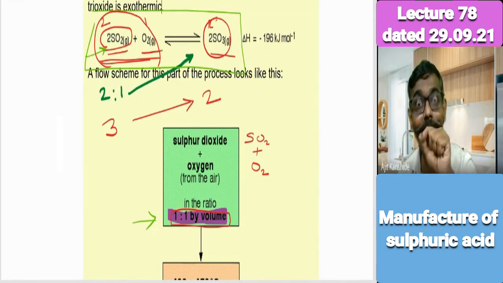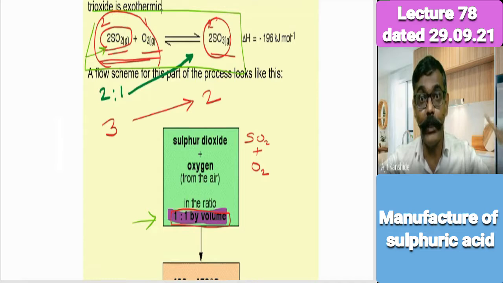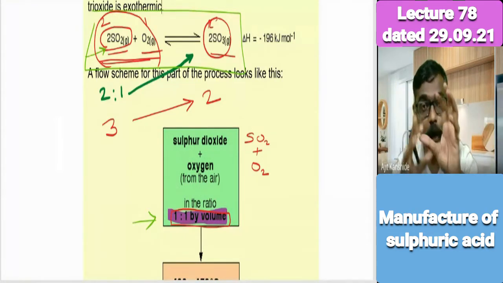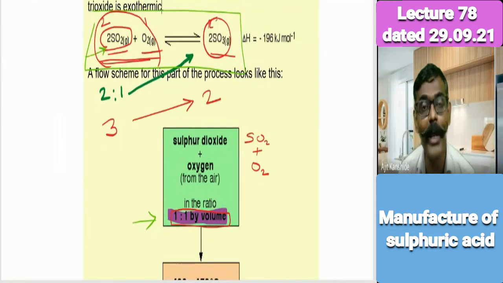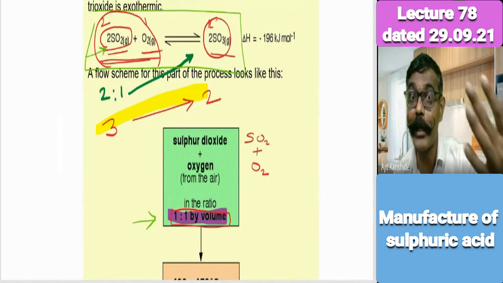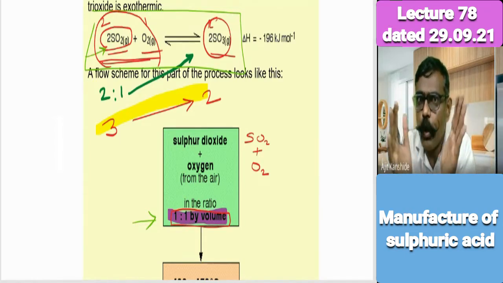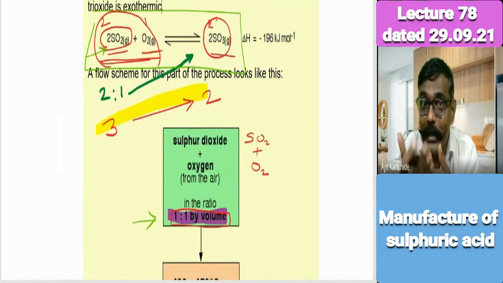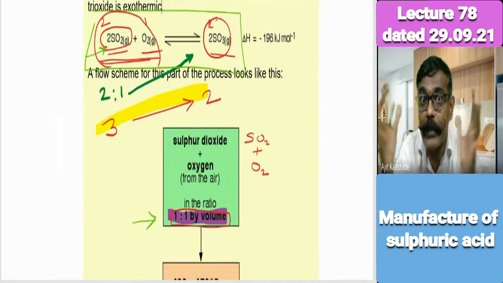Just as by increasing pressure we decrease the volume, likewise it happens automatically in this reaction. 3 molecules are converted to 2. Quantity is less, volume is less. Volume is less means pressure is more.